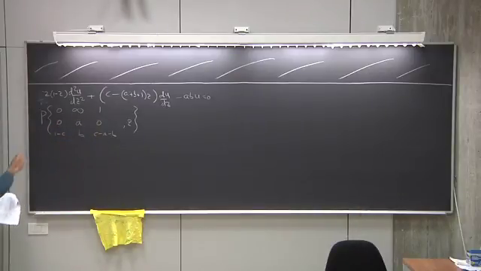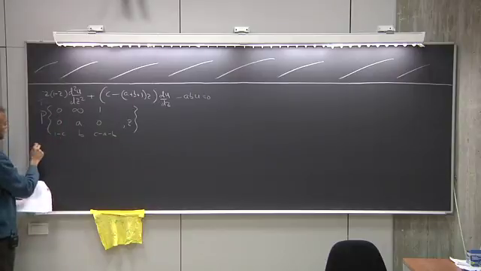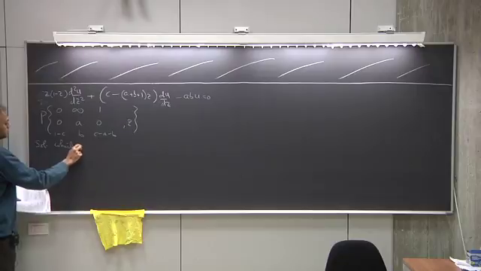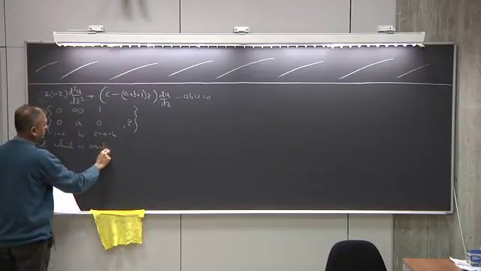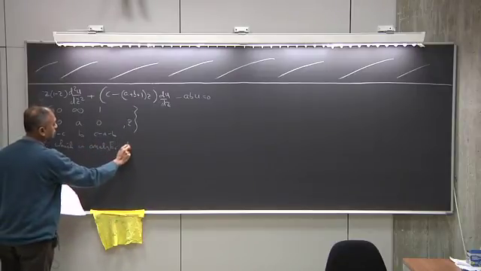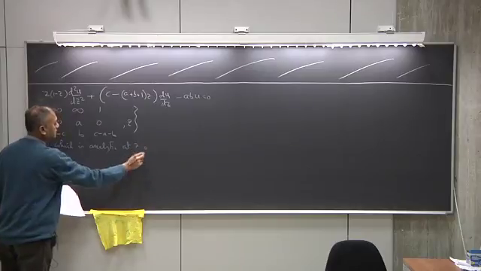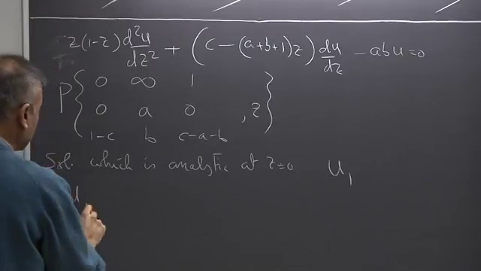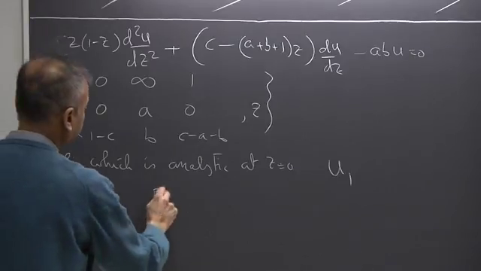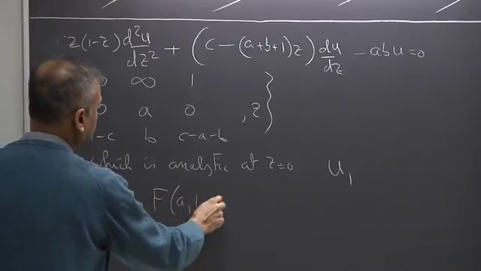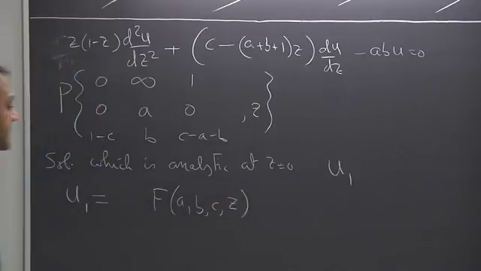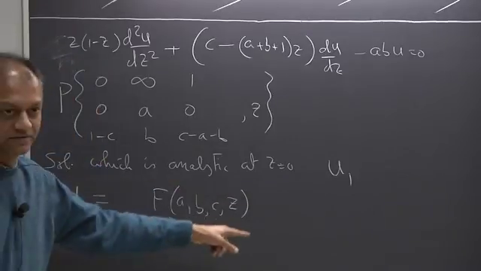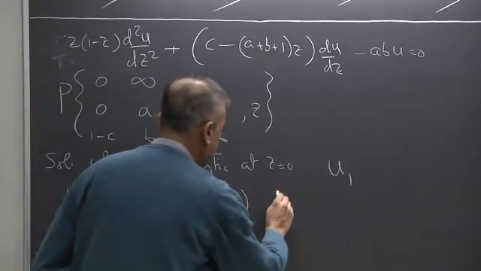The solution analytic at z equal to 0, let's call it u1, is defined as simply F(a, b, c, z). This is the symbol F, called the hypergeometric function.